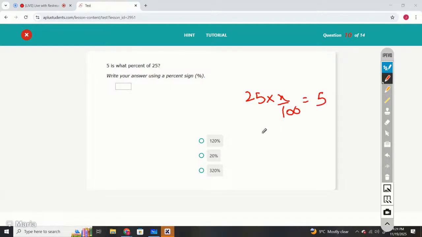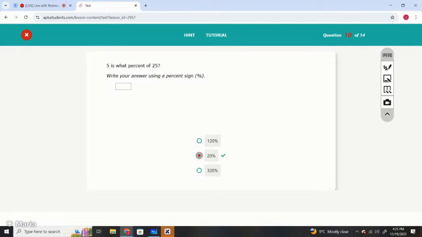So that is 25 times x equals 500. So x equals 500 divided by 25. That is 20%. So 5 is 20% of 25. The correct option is 20%. Option number 2 is the correct option.